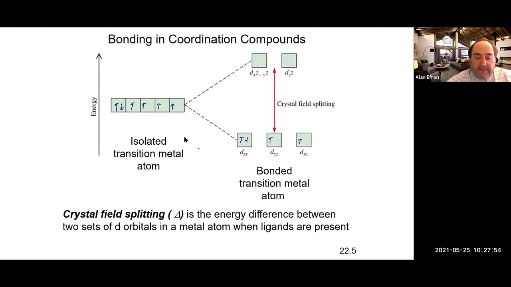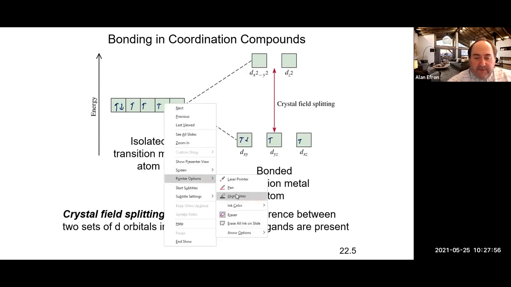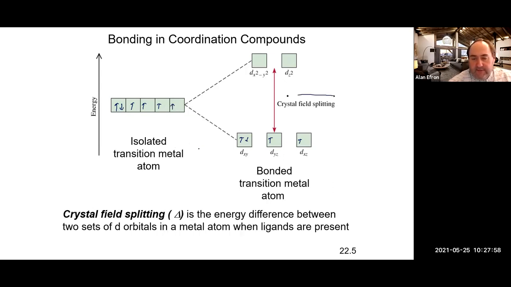What makes that difference is this crystal field splitting, which is the difference in energy between these orbitals, sometimes abbreviated with that little delta symbol. We could calculate that by taking E equals h times the frequency, h being Planck's constant, with the frequency usually in reciprocal seconds.